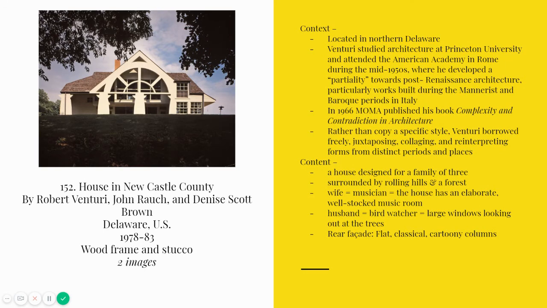And then the rear facade is very flat and classical and has these kind of cartoon-like columns. I mean, you can see the influence of the columns, but yet they've been reinvented, and that's what gives it that postmodern edge.